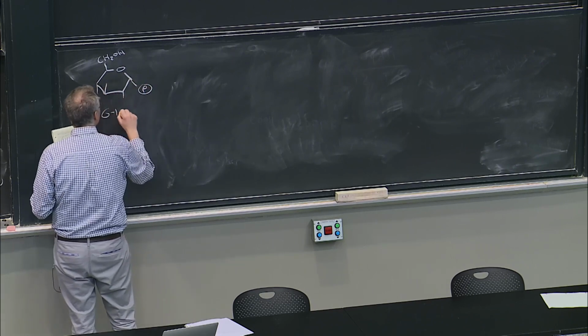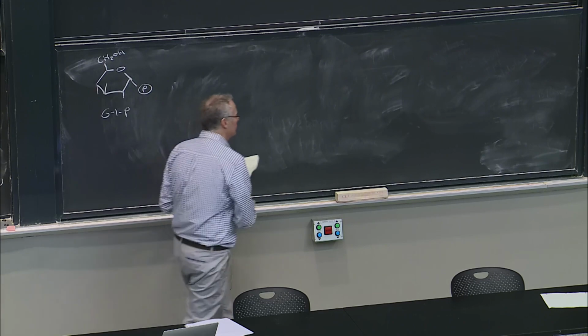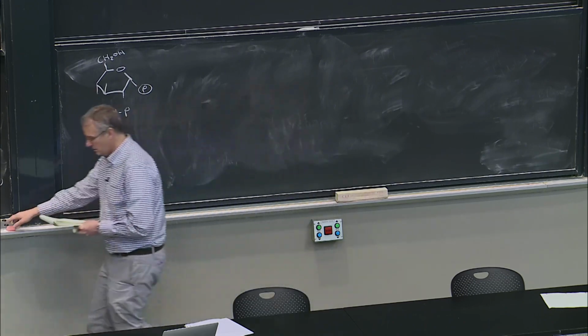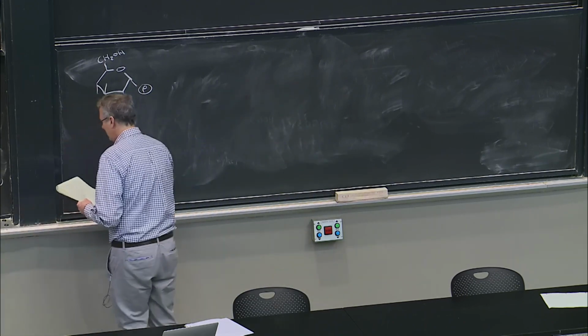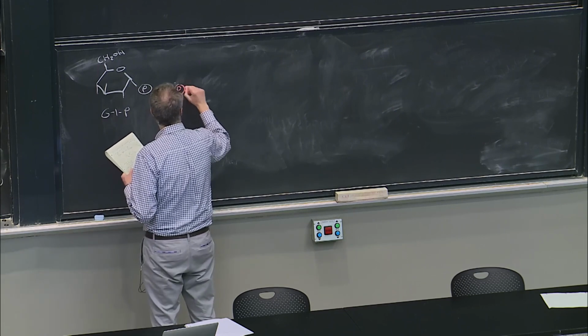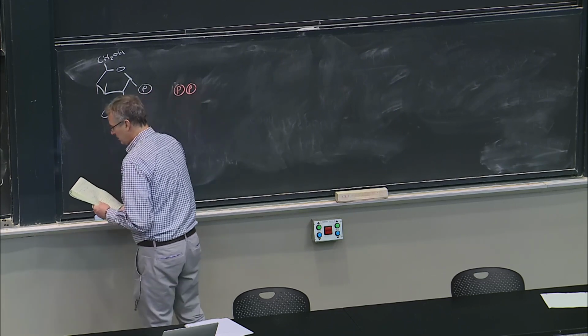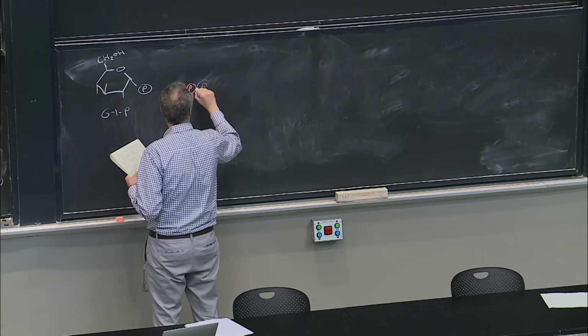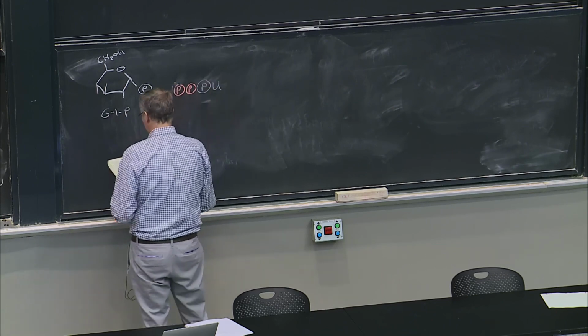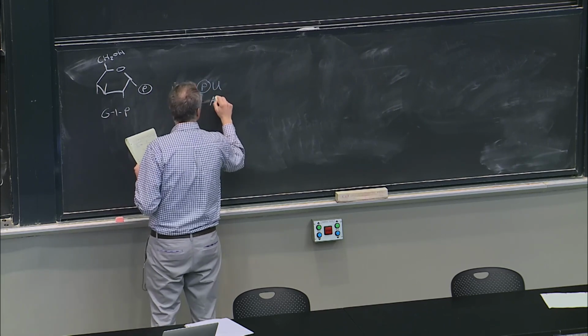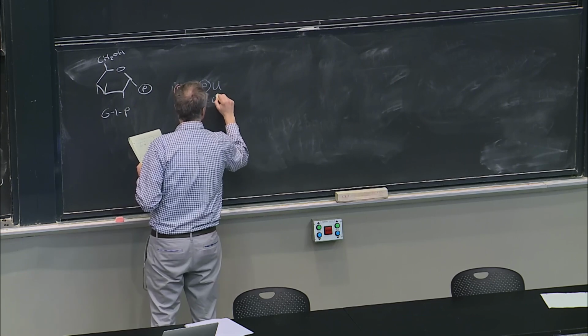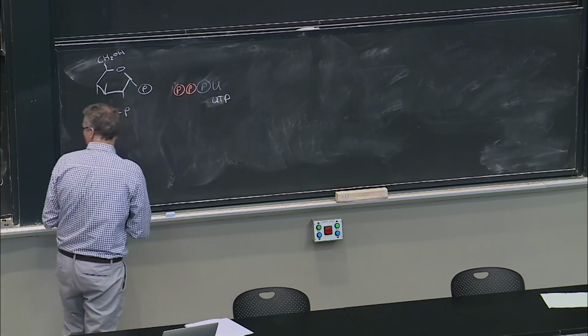So here is glucose 1-phosphate. I will draw a stylized version of UTP here.